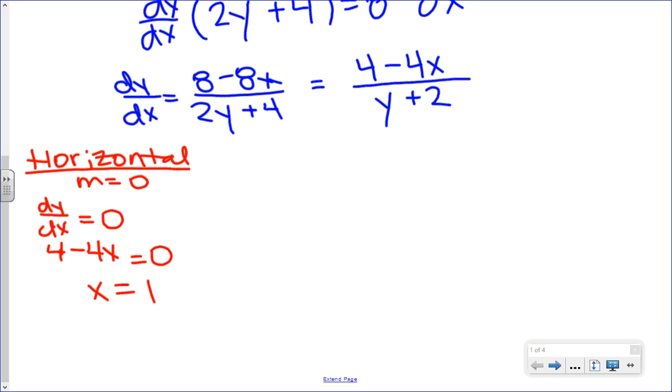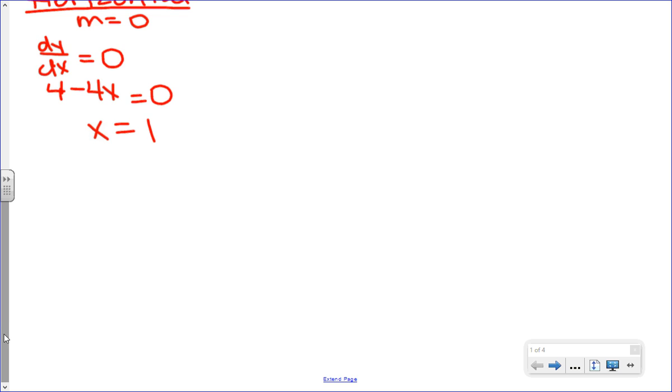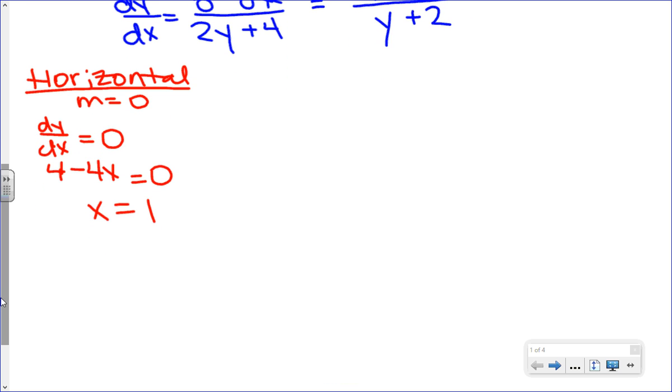So just one spot, but I am asking for points. So what you're going to have to do with this x equals 1 is figure out the y value. We can do that just fine, but we're going to have to go back to the original equation. So our original equation is 4x squared plus y squared minus 8x plus 4y plus 4 equals 0.